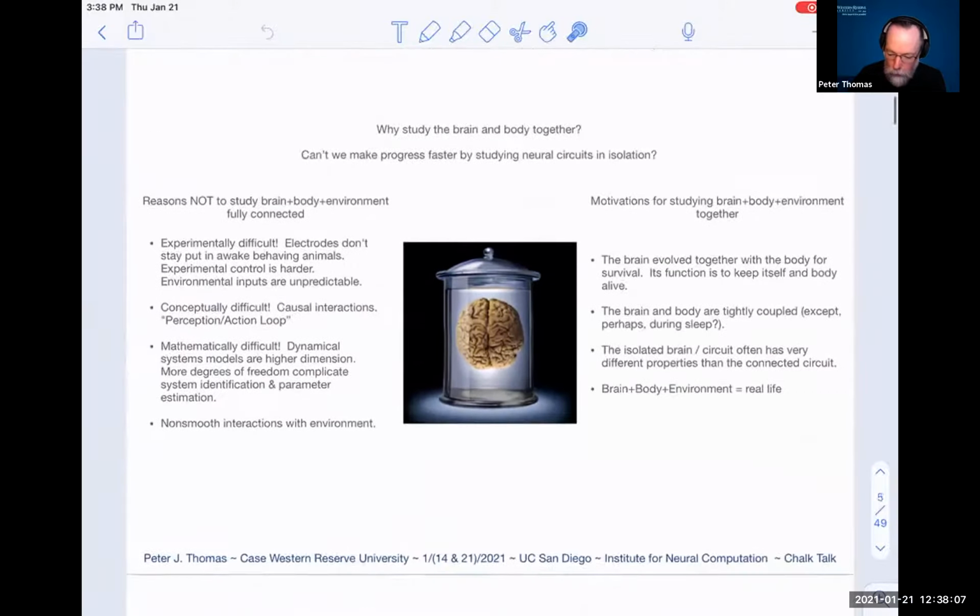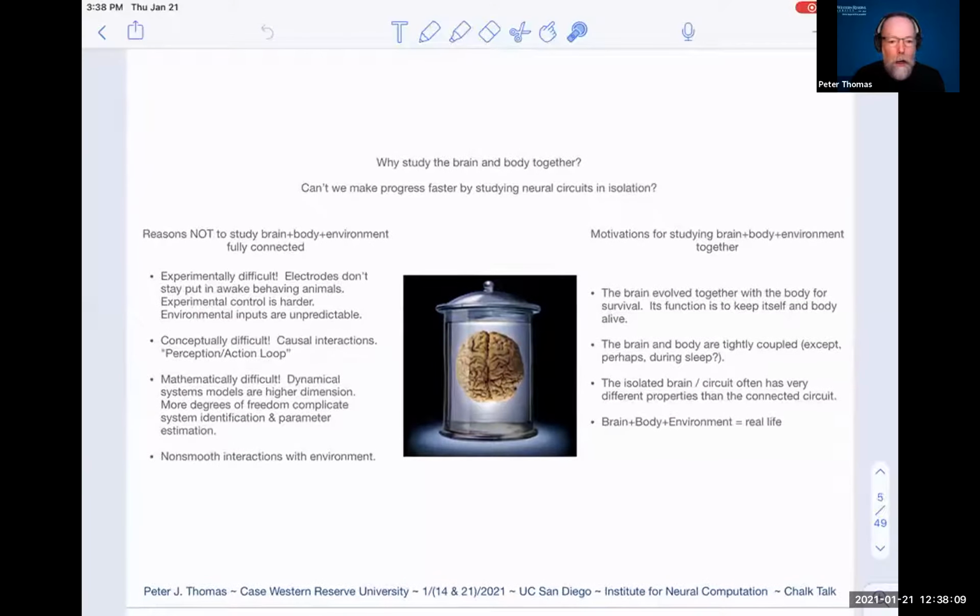So I won't recapitulate that whole discussion now, but for those who weren't here last time, there were plenty of reasons why one might want to study the brain or parts of the brain in isolation: experimental control, lower dimensionality, simpler just to think about, mathematically simpler for modeling. And on the other hand, in the real world the brain co-evolved with the body, strongly coupled to the body.